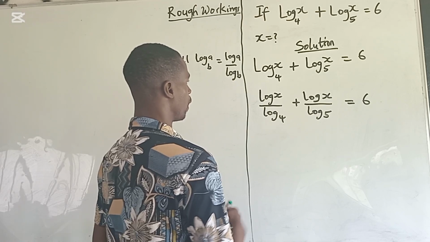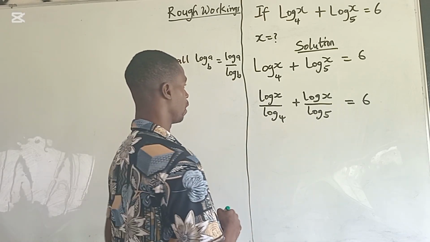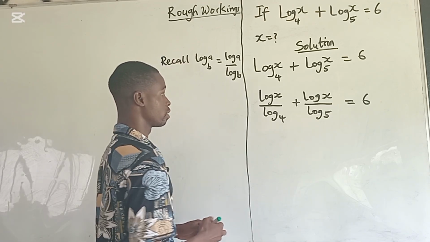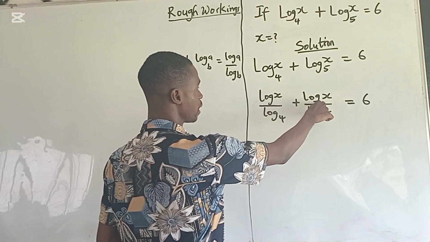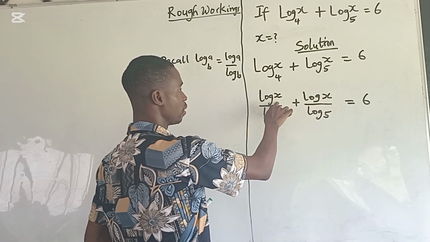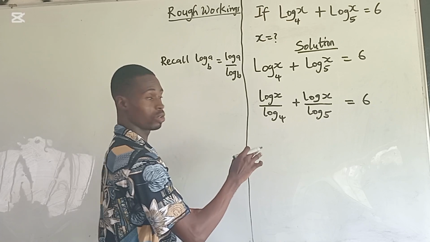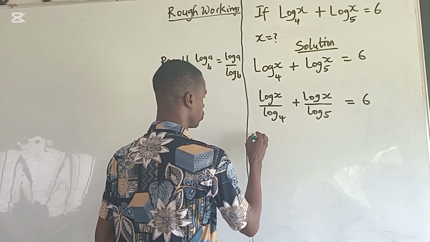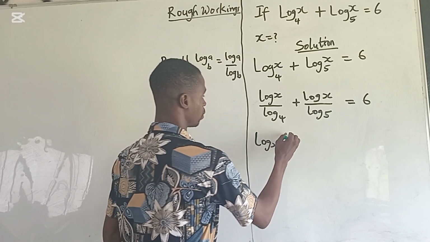Now there is a trick we are going to do here, which is using the factorization trick. You know that we have log x here, we also have log x here. So we can factorize log x outside. So we have log x, then open bracket.